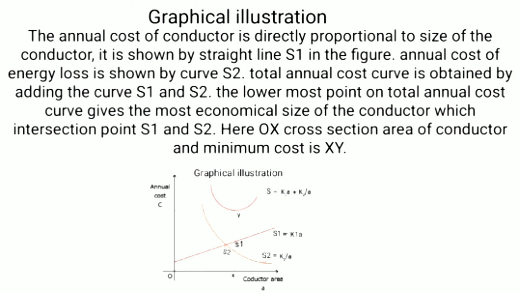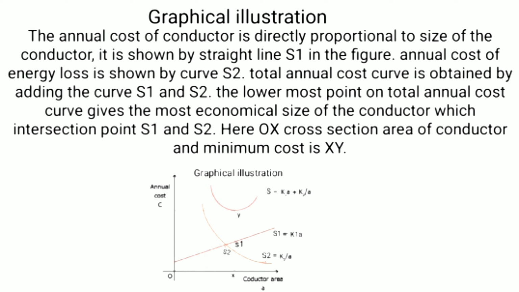The lowermost point on the total annual cost curve gives the most economical size of conductor, at the intersection point of S1 and S2. Here OX is the cross-sectional area of the conductor and the minimum cost is XY.